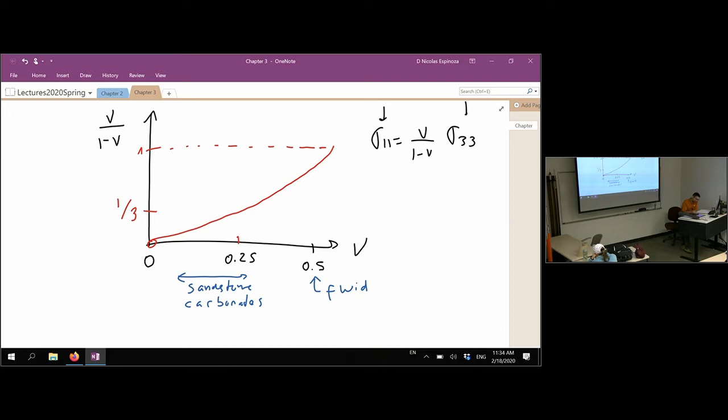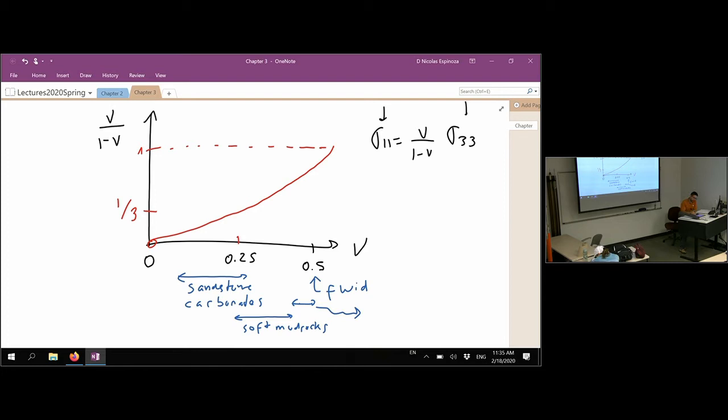If you have softer young mud rocks, they're going to have in general a higher equivalent Poisson ratio. There are some rocks that have a Poisson ratio that approach 0.5, and this is more like an equivalent Poisson ratio.